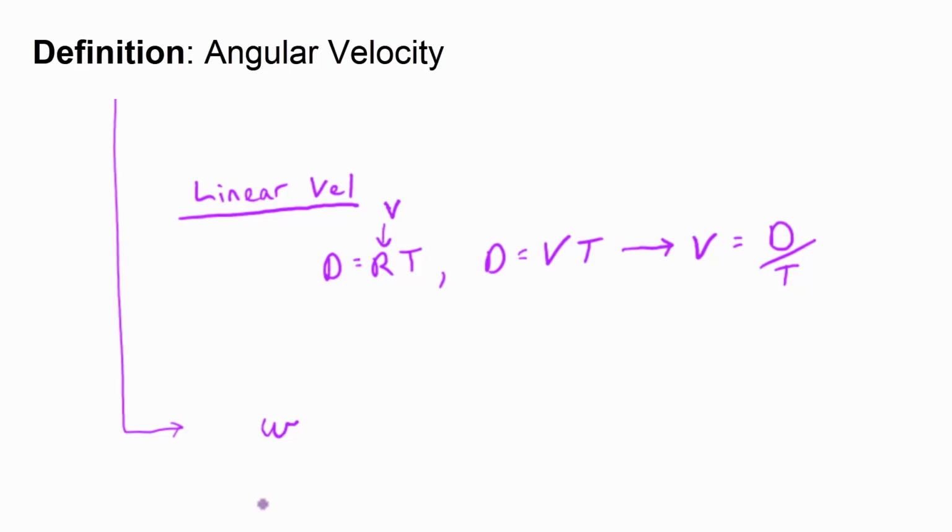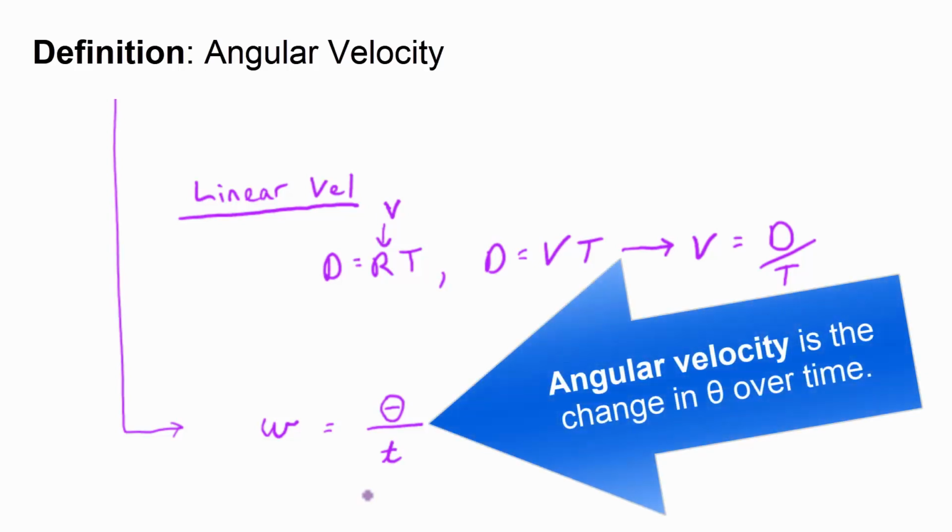Omega stands for angular velocity, and it's your angle measure in radians, theta, over time. So theta over t. I just wanted you to see the relationship. They're both rates of change, but angular velocity is the angular rate of change: how much of the angle is being swept out over time. Does everybody see the connection? Anytime you have a rate of change, it's some measurement over time, over t.